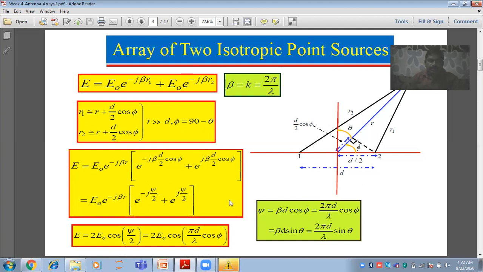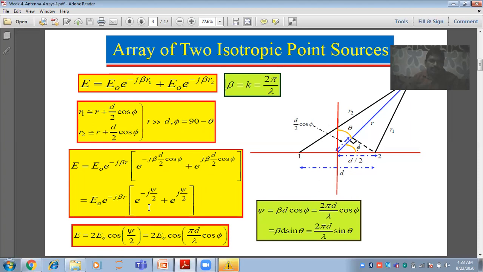So you try to simplify these things. Generally this beta d cos phi is represented by psi. If you take this expression, it will be equal to 2 cos psi by 2.